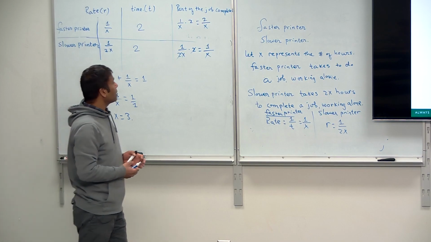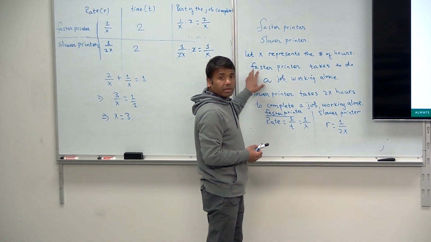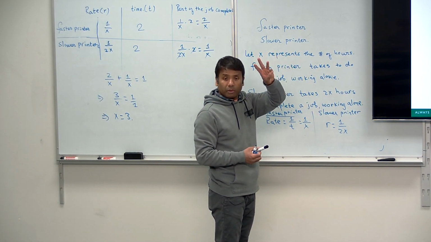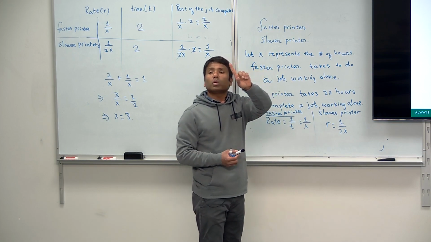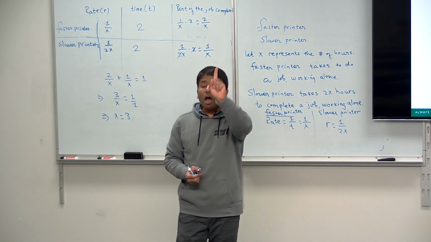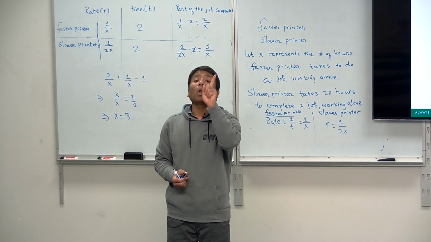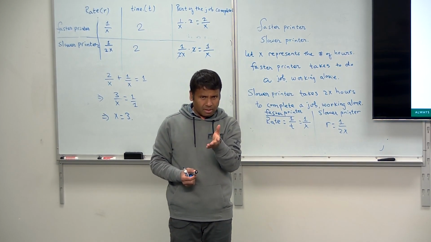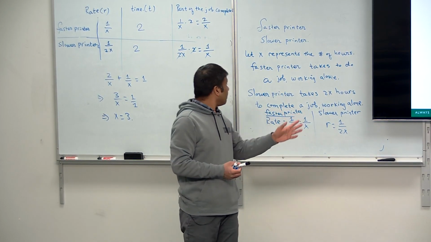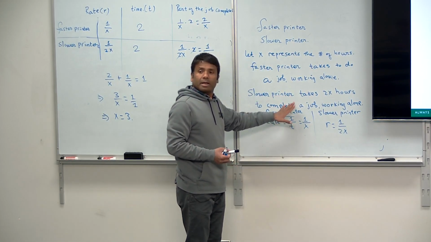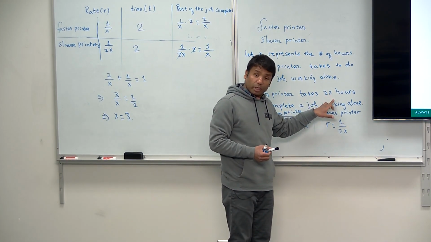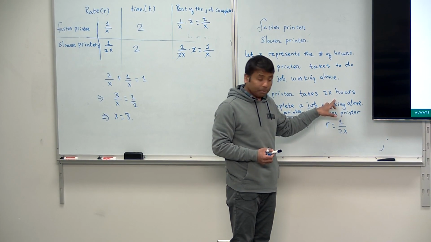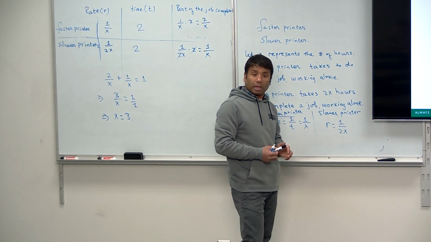That means the faster printer takes 3 hours to complete a job working alone. And the slower printer takes 2 times that, which is 2 hours, right? To complete a job working alone.